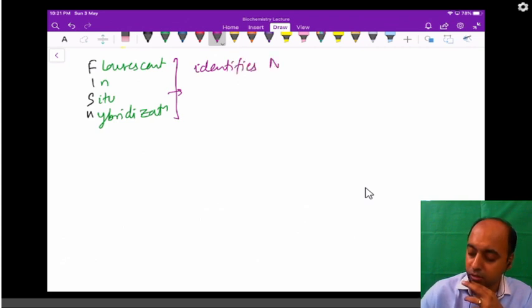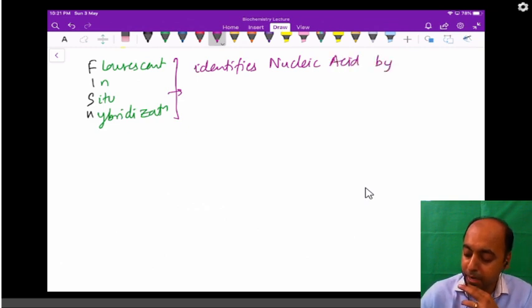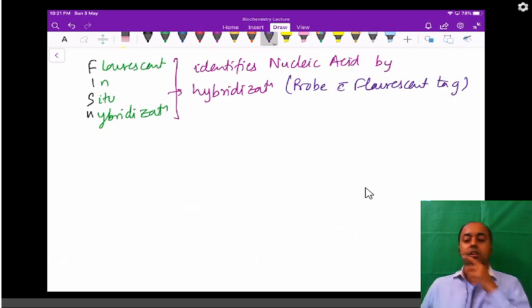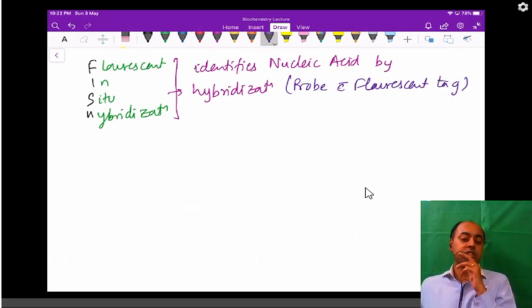Identifies nucleic acid by hybridization, and here we use a probe with fluorescent tag.